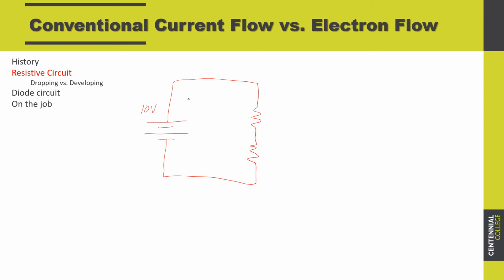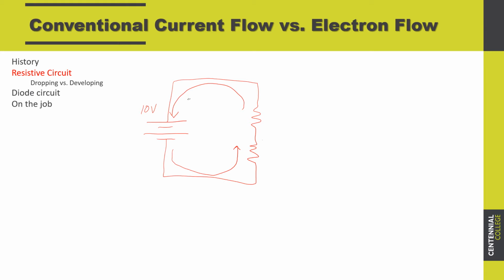And now I'm going to tell my story in terms of electron flow. So electrons will leave the negative terminal of the battery, and they will flow in this direction through the two resistors and return to my power supply. In so doing, we know that current through a resistor drops or develops voltage, and I'll get into those terms in just a second.